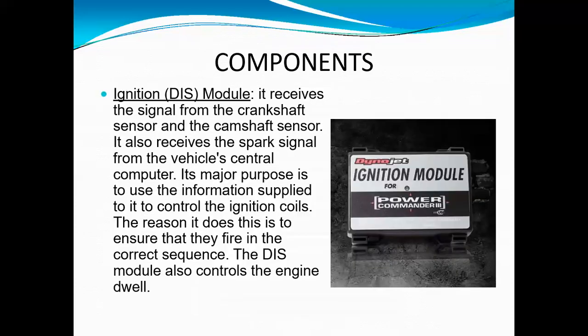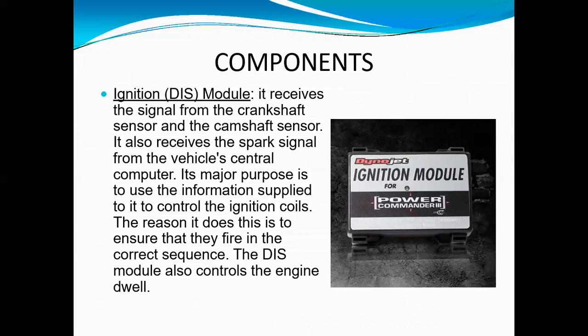The ignition module, that is the DIS module, receives the signal from the crankshaft sensor and the camshaft sensor. It also receives the spark signal from the vehicle central computer. Its major purpose is to use the information supplied to it to control the ignition coil, to ensure that they fire in the correct sequence.